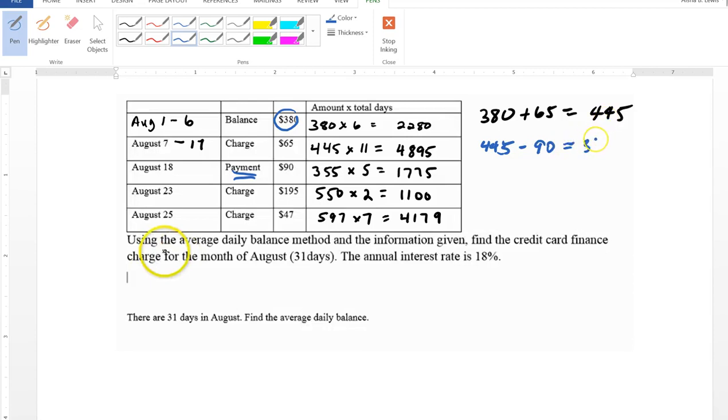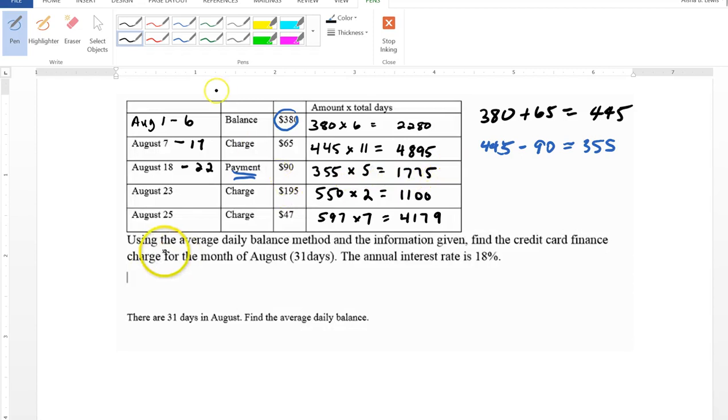And subtracting $90 gives us $355. So that's where you see the change in the amount on line 3. So we have 355 times the total number of days, which is from the 18th to the 22nd. So that's 5 days. So 355 times 5 is 1,775.